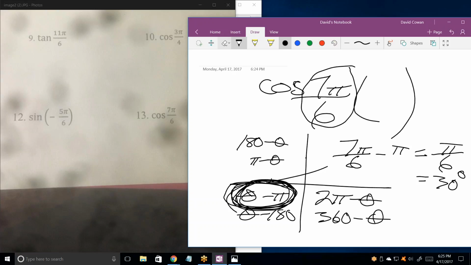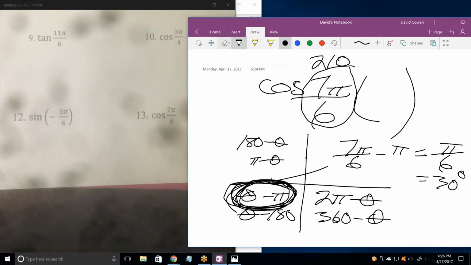Tell me if you're confused, where I need to clear it up. I'm just looking at a blank circle here. It's on the sheet of paper, and that just doesn't make sense to me. Okay, 7 pi over 6 is what angle? That's 210. Okay.